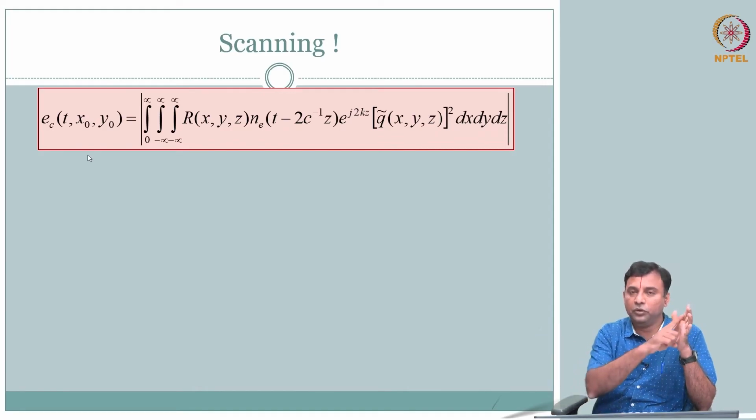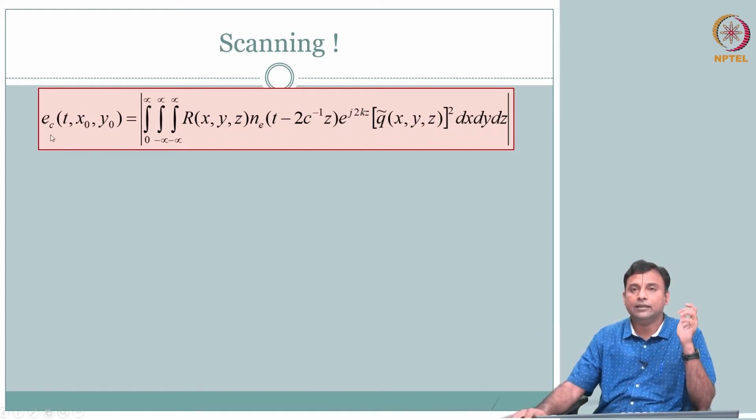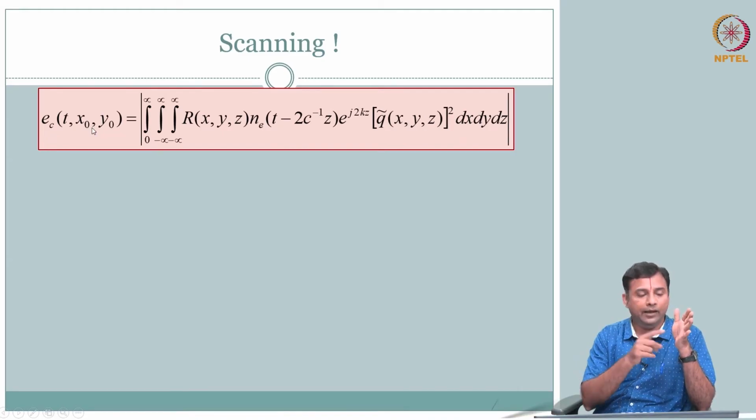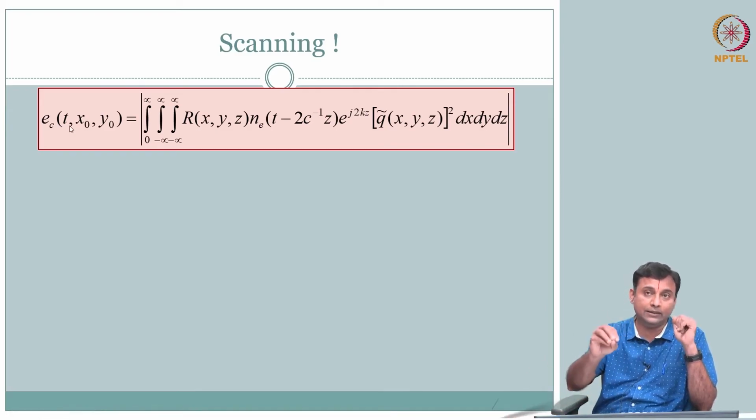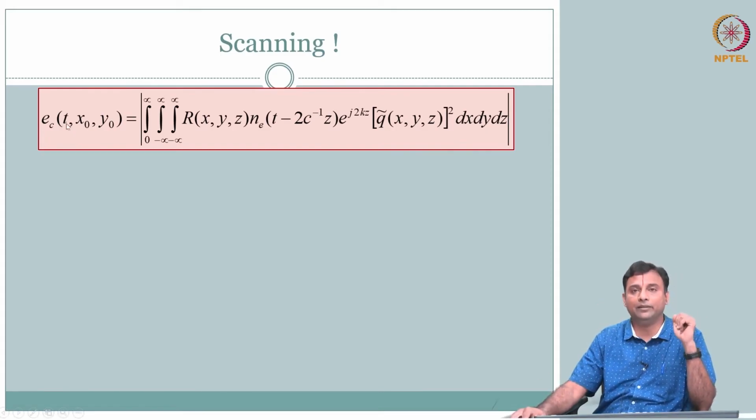So now your echo is recorded at the transducer surface, which is located at x naught, y naught, and as a function of t. So clearly this is fine, but why t? Is there a relationship between t and position? More so, what is this t? I send the pulse, I receive the echo after some time t. This is what this says.